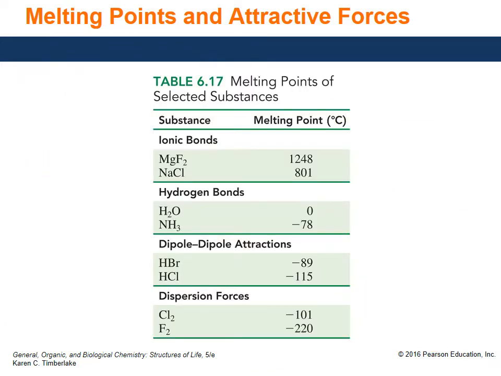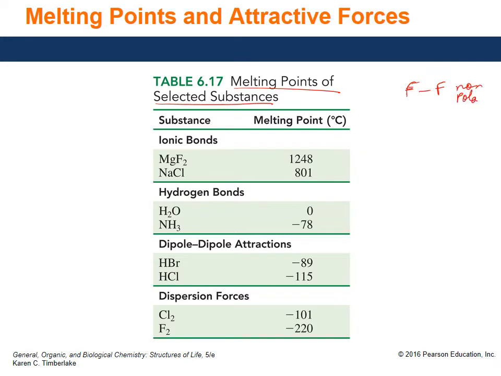So here you can see some examples of melting points of some substances. The first important thing is, when you look at a substance, you should be able to tell what type of force of attraction it would have. For instance, fluorine is F2, which consists of this bond, so this molecule is non-polar.